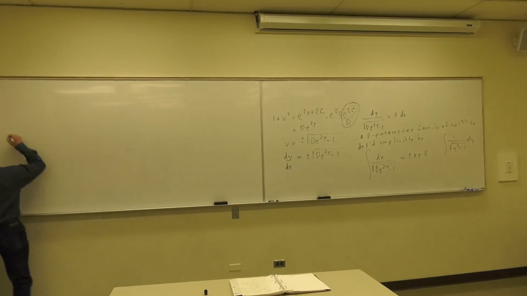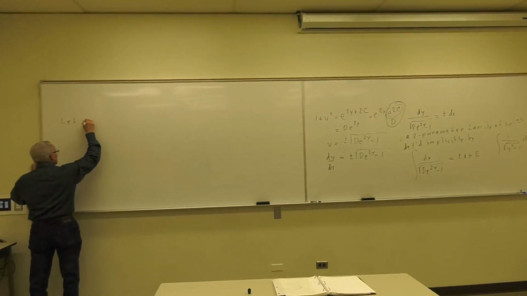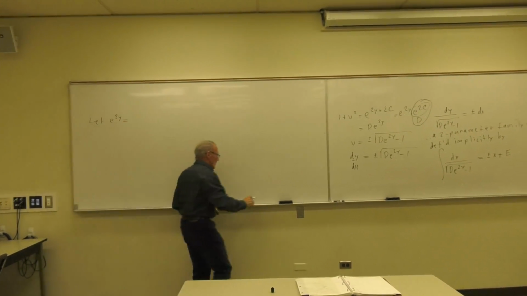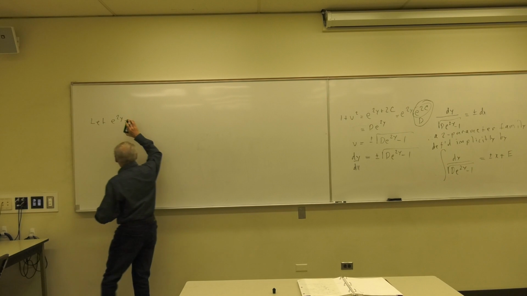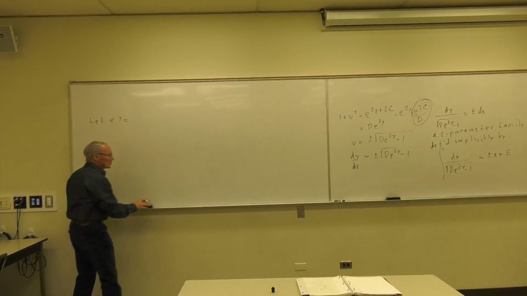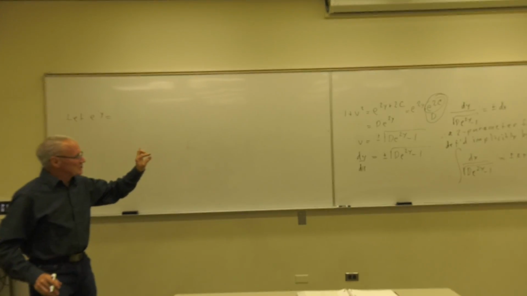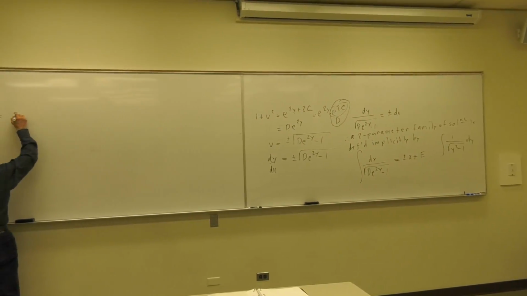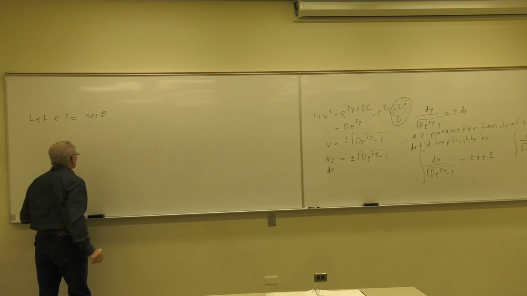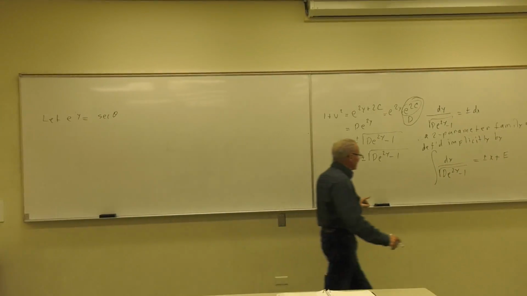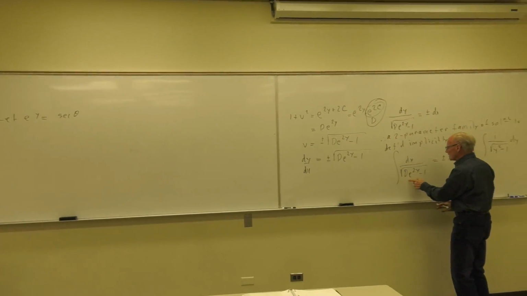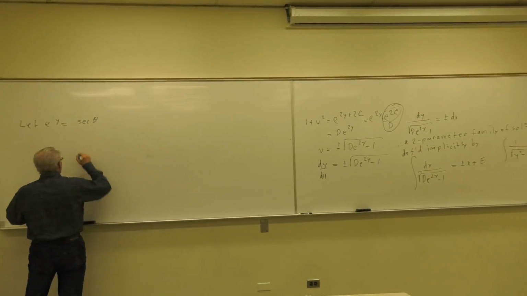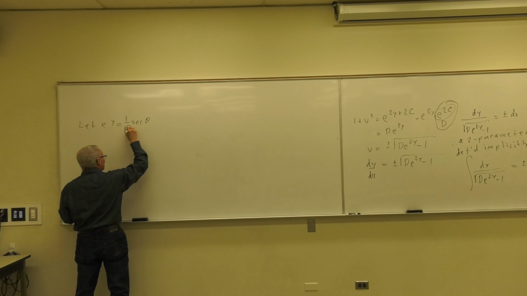Let e to the 2y be equal to, no, I'm not going to go e to the 2y, I'm going to go e to the y. So I want that thing to turn into sec squared minus 1. So I'm going to put a sec here. If I did that, then that would be d sec squared. I don't want the d, so how do I put here a 1 over the square root of d?